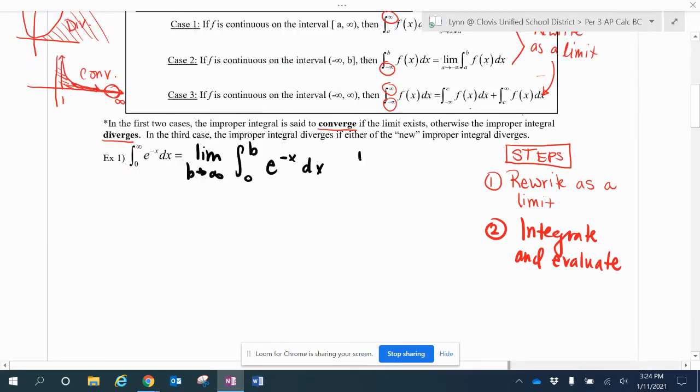The u here would be negative x, that power here, and then du would be negative 1 dx, and then divide by negative 1.